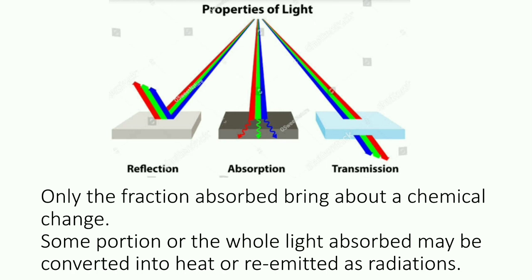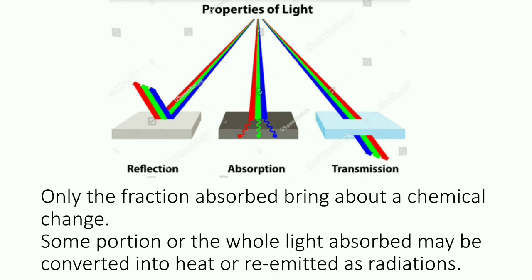Further, all light radiations absorbed by the reacting system may not bring about a chemical change. When the conditions are not favorable, some portion or the whole light absorbed is converted into heat or is re-emitted as radiations.